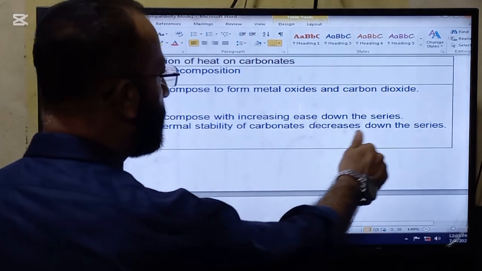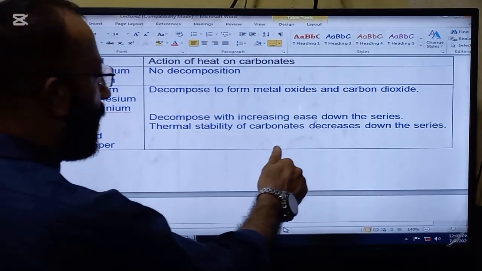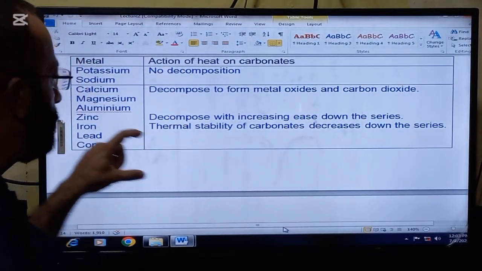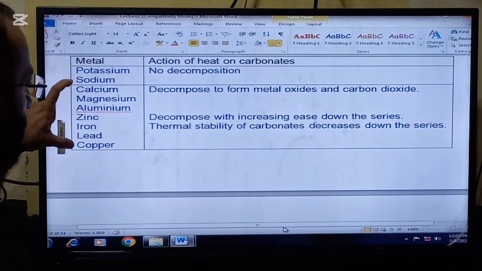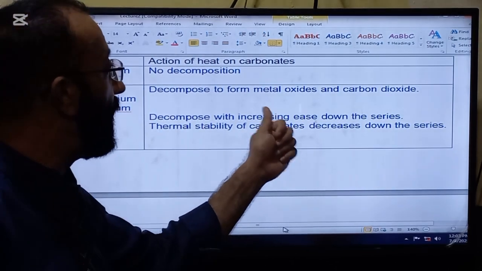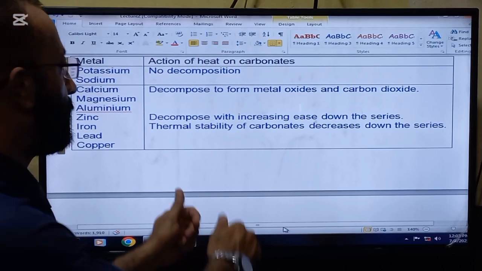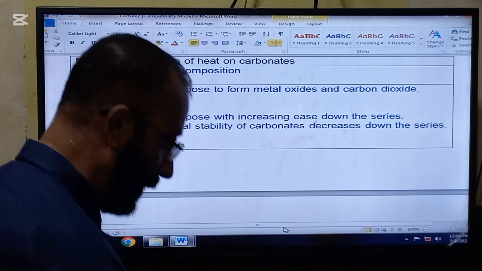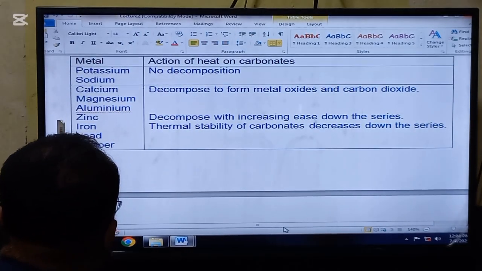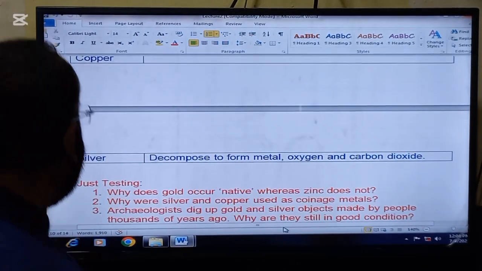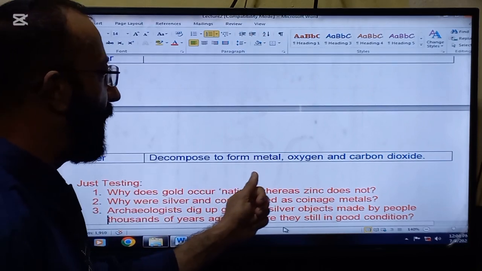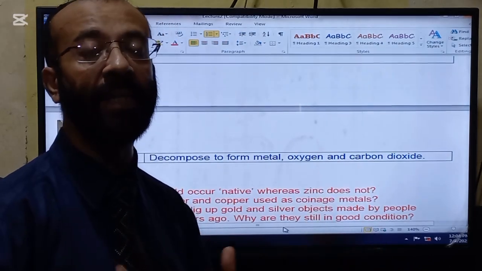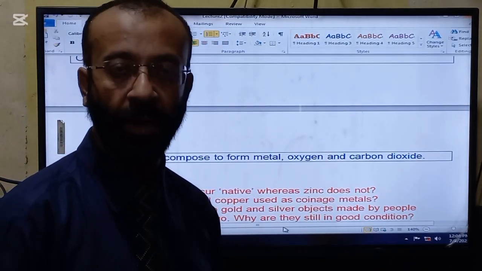They decompose with increasing ease down the series; thermal stability of the carbonates decreases down this series. So the topmost do not decompose. The next ones decompose to form metal oxides and carbon dioxide. And at the end, silver decomposes to form metal, oxygen, and carbon dioxide. So this is even more easily decomposed because of the action of the heat.